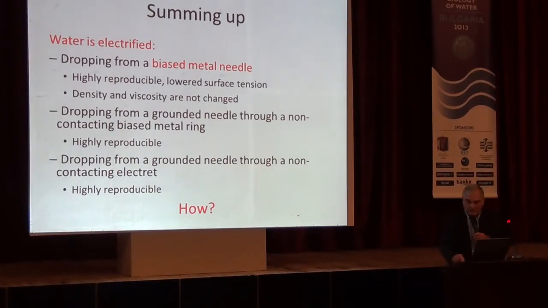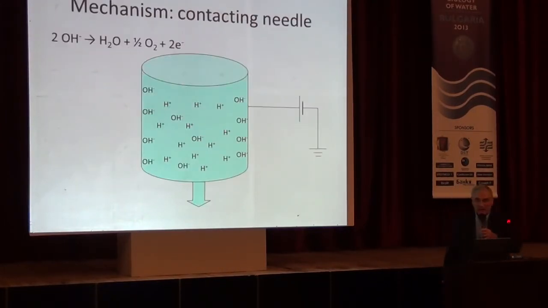So how do we explain this? Well, the mechanism that we propose is this: when the needle is biased, water passing through, H+ and OH- ions are attracted to the surface. If this is positive, they are discharged, then water flows with excess protons, and vice versa. So in this case, water comes out positive when the needle is positive.